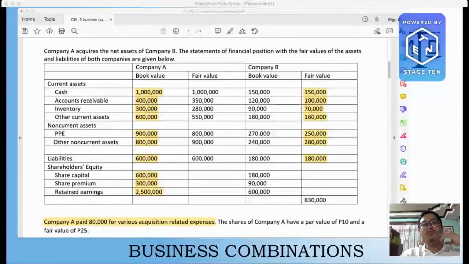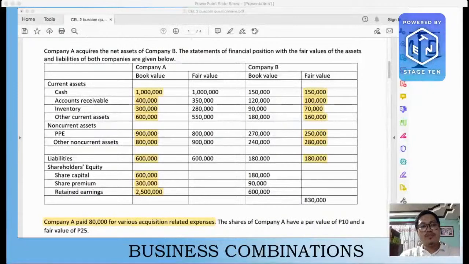Because most students would forget that the amounts given in the problem are the amounts immediately before the acquisition or the combination. And there are changes to your cash account during the combination to complete the acquisition.